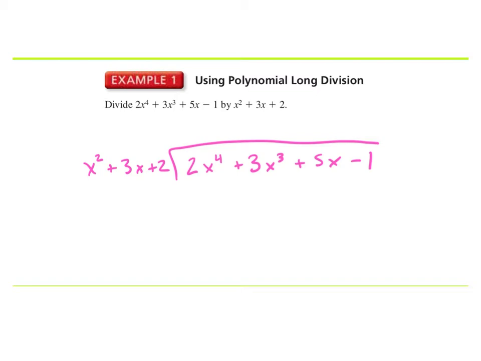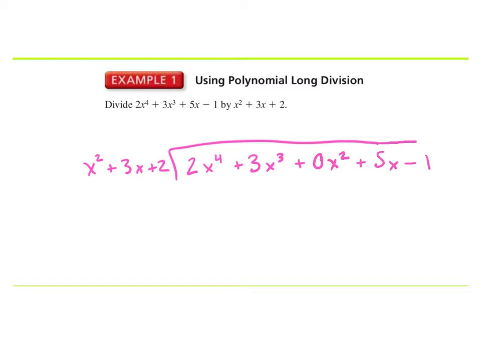So we have to put an x squared in there because we need every degree here. So we're going to add a 0x squared, so we have an x squared in our box. So it's really just a placeholder for us. Then we have our 5x minus 1. So we have to make sure we have every degree inside the box.